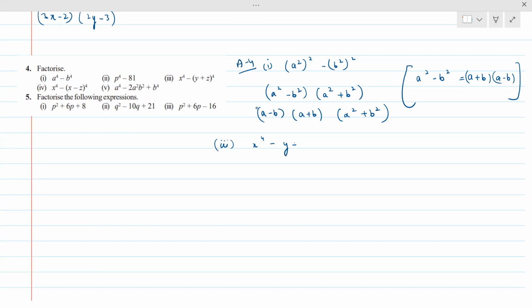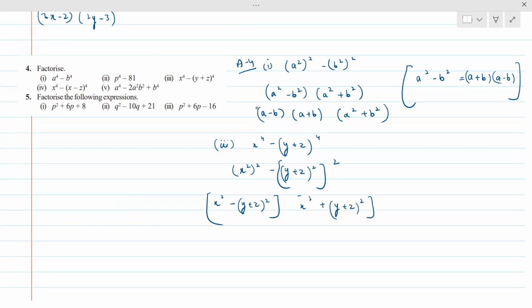x^4 minus (y plus z)^4. Because it is the fourth power, we can take (x^2)^2 minus ((y plus z)^2)^2. So it will be (x^2 minus (y plus z)^2)(x^2 plus (y plus z)^2). Now further we will expand it.